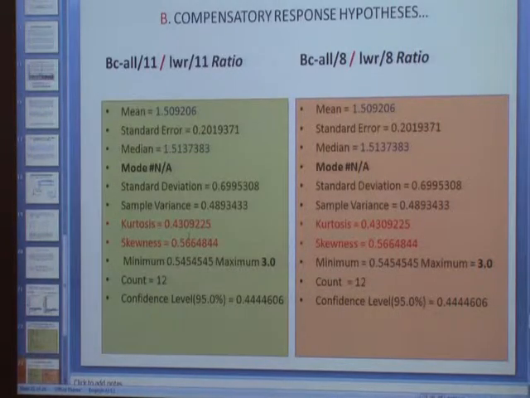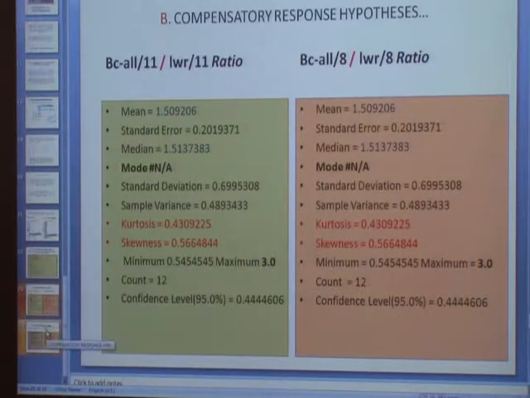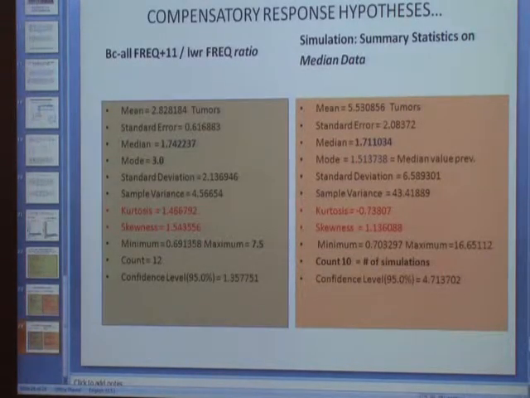Okay. Now, if I go to the next one, look at this thing. I added 11 and then took a ratio of that, and suddenly I have the mode. This is the first time I found a mode, and then I did 10 simulations.